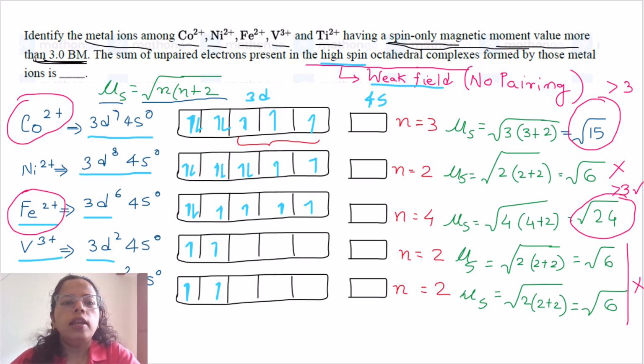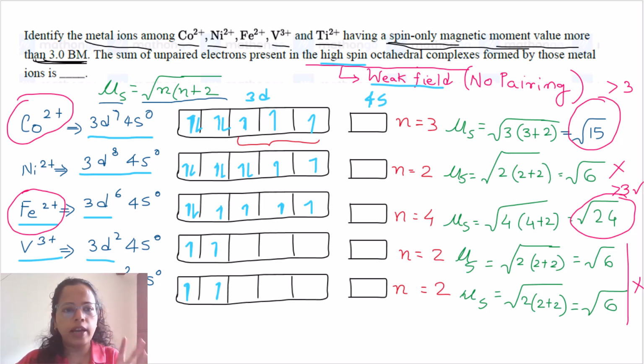Now, let us see what is being asked in the second part of the question. Read it carefully. It says the sum of unpaired electrons present in the high spin octahedral complexes formed by those metal ions. So they are asking that those metal ions which have a μ spin-only greater than 3, you identify these 2 metal ions.